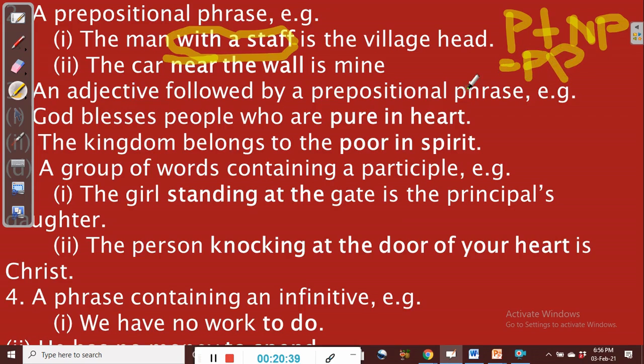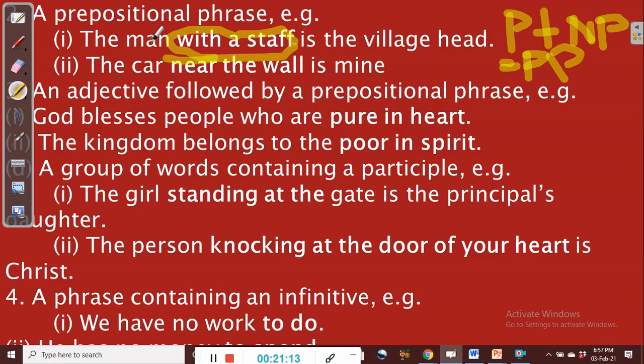All right. And here "with a staff" is telling us more about the man. If we remove "with a staff" and we say the man is the village head, and someone asks which man, maybe you have a group of men and you are talking about one of them, and someone who doesn't know the man you are talking about asks which one of them, and you say the man with a staff.